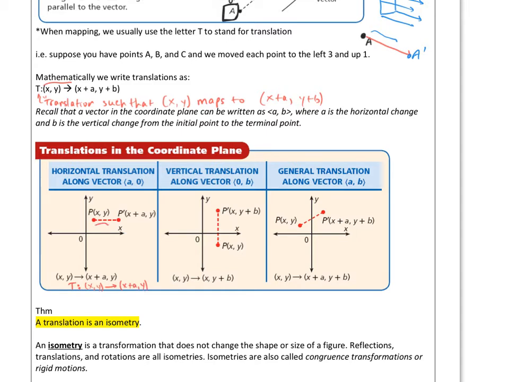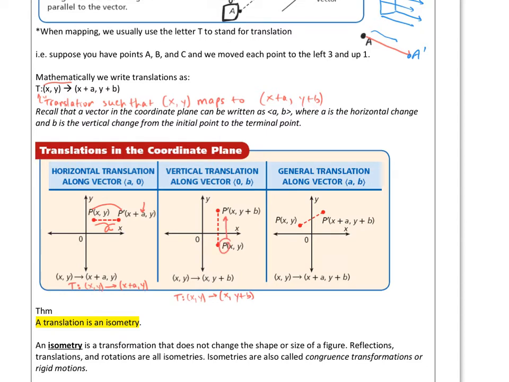So notice I only went from point P to P prime. I only moved a distance of a. I did not move any y distance. This one, a translation such that (x, y) maps to (x, y plus b). I only moved from point P here vertically upwards.